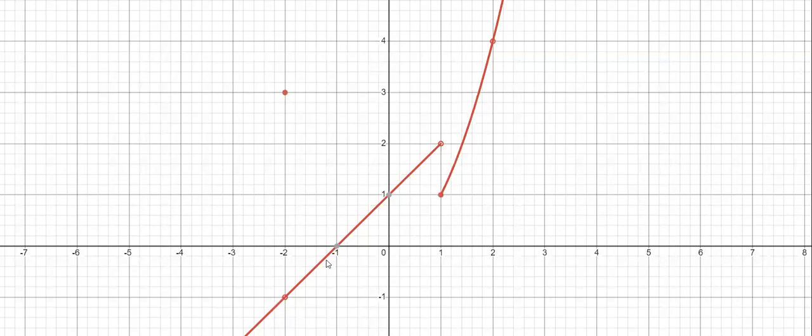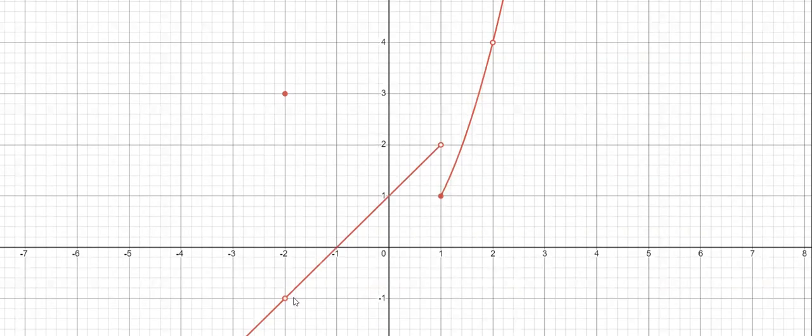And as we're going from the right towards -2, again, the value of the function is approaching -1. So from the left or the right, it looks like it's approaching -1. Then our limit as x approaches -2 is -1.